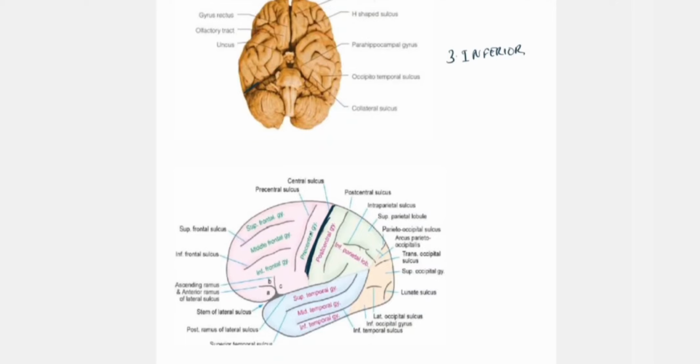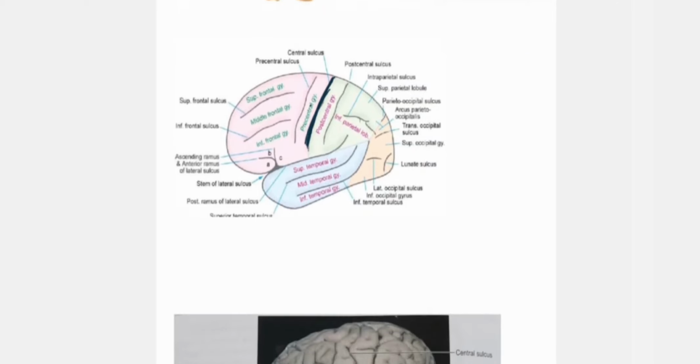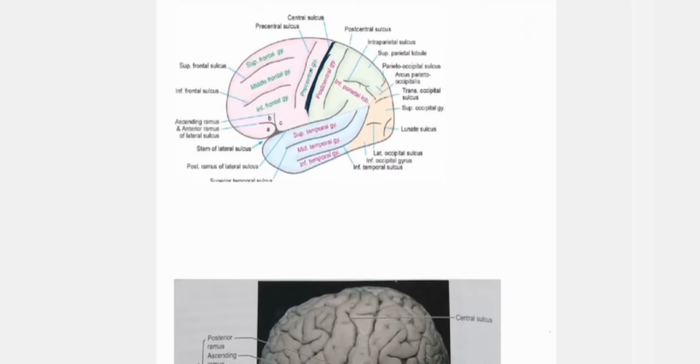It begins from the inferior portion, turns around and extends into the supralateral surface, and it divides into three branches, that is rami. This is the posterior ramus which extends posteriorly, this is the ascending ramus and the anterior ramus. These three rami divide the area into three.